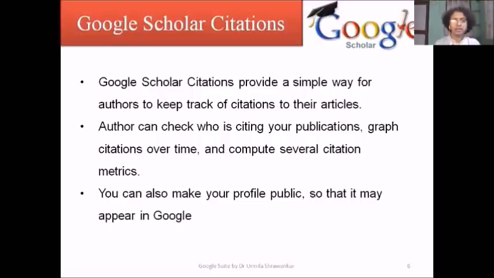The authors can check who is citing their publications. A graph of the citations is also available under the Google Scholar, and it computes several citation metrics like H-index and i10-index. I am going to explain the definitions for those also. You can also make your profile public so that it may appear in Google.